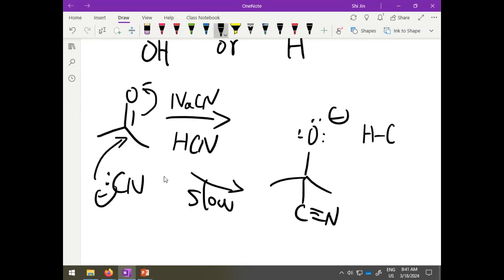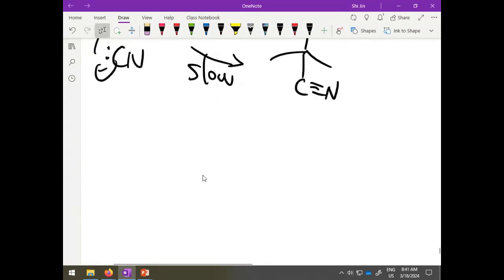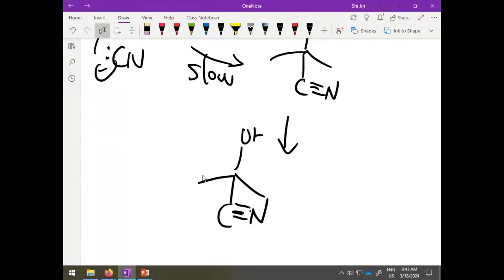Then the hydrogen cyanide can serve as the acid, giving you the cyanohydrin product and regenerating the cyanide ion. Then you see that cyanide ion indeed is a catalyst. It participates in the reaction and is regenerated at the end. The role of cyanide ion here is exactly the same as the hydroxide ion played in the base catalyzed hydration.